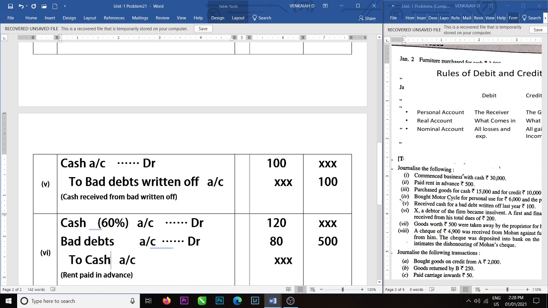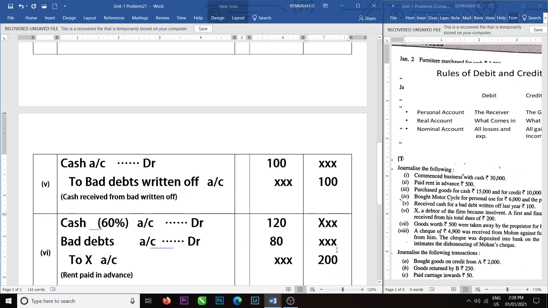From X to X account. X is a giver. 200. Okay, X is a debtor.